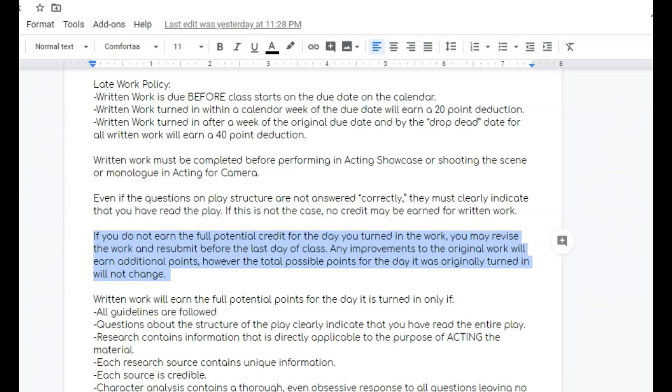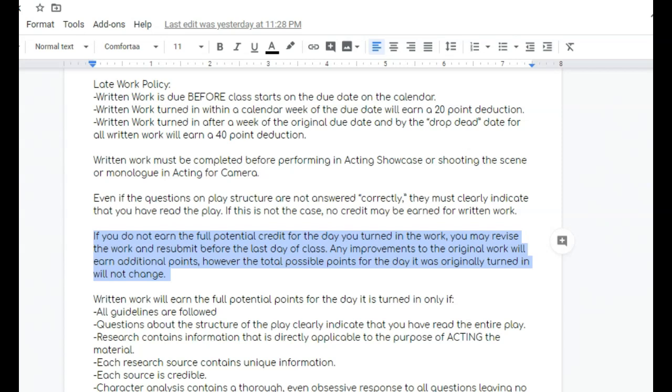So if you turn it in a week late and you've already got a 20-point deduction, and the grade that you end up earning is a 60 because there was a 20-point deduction because of the content, because you didn't address all the questions or you didn't do it thoroughly enough, you can feel free to turn it back into me, and as long as I get it by the drop dead date, I will regrade it, and you can earn some of those points back.